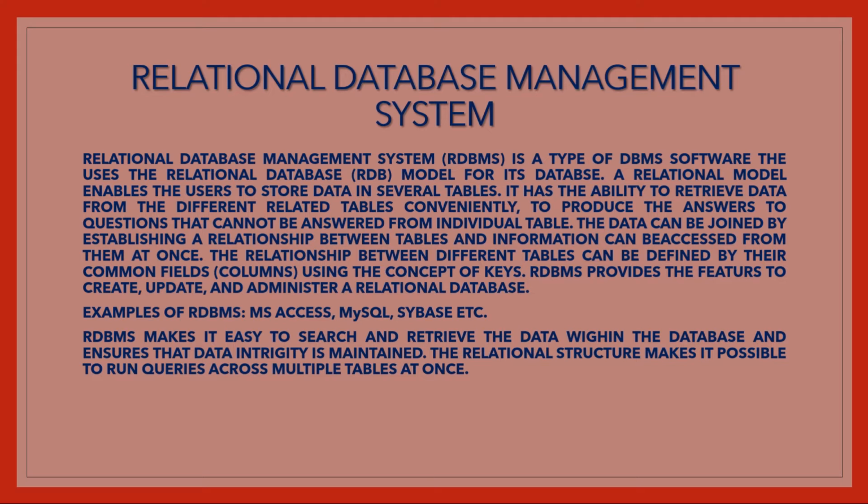It has the ability to retrieve data from different related tables conveniently, to produce answers to questions that cannot be answered from an individual table. The data can be joined by establishing a relationship between tables, and information can be accessed from them at once. The relationship between different tables can be defined by their common fields using the concept of keys.